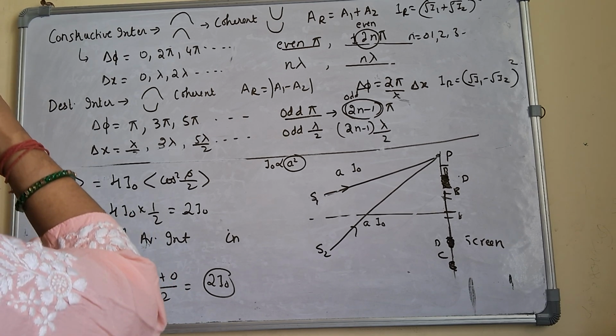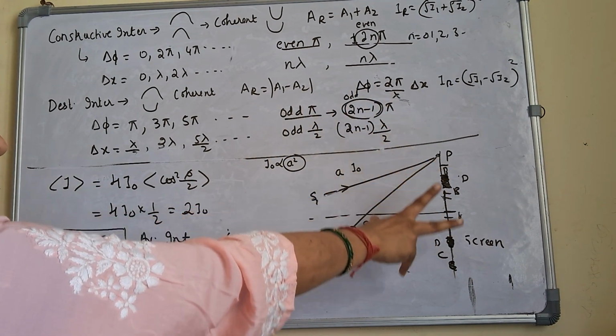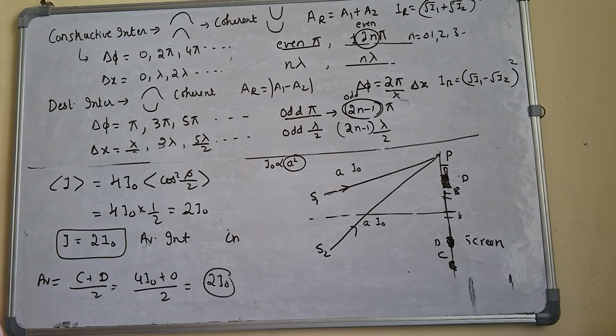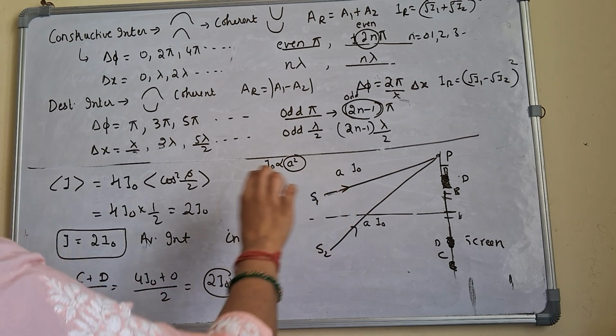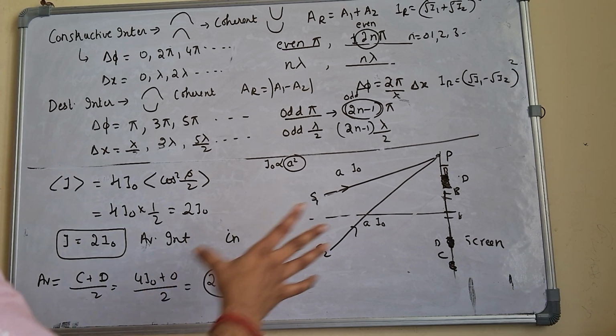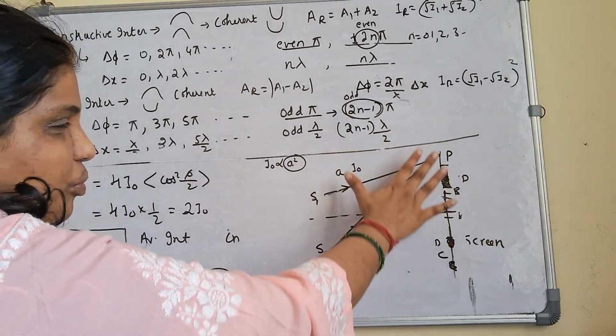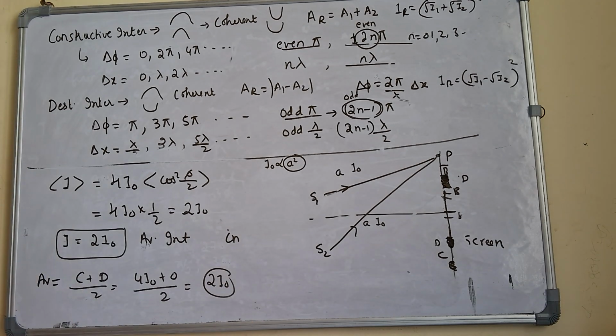The sources should also be close to each other, and the distance from the screen should be larger, so you get a distinct, clearer pattern on the screen.